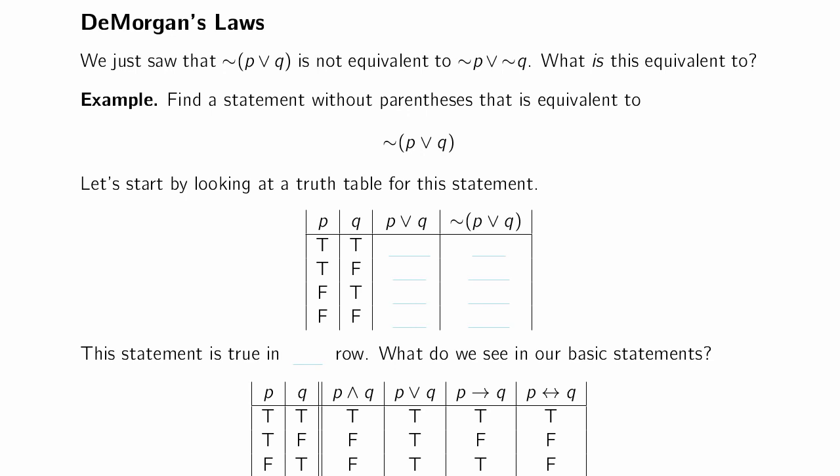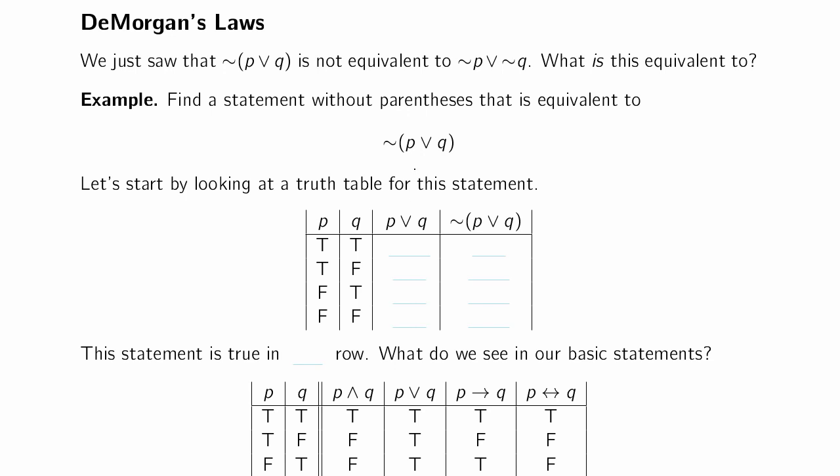We might wonder, is there some way we can distribute that negative sign? Is there something without parentheses that this is equivalent to? And it will turn out that, in fact, that is the case. But how can we figure out what a statement is equivalent to?